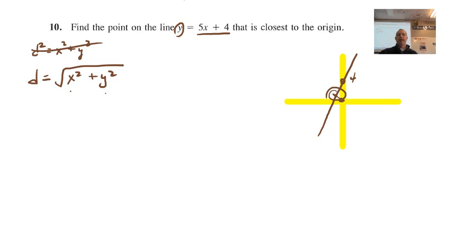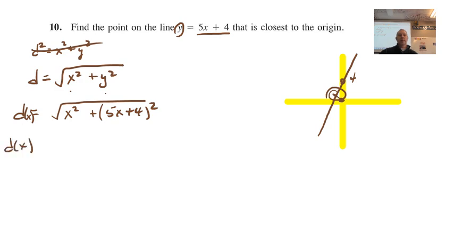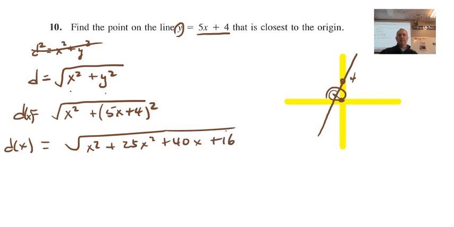So the distance now equals the square root of x squared plus (5x plus 4) squared, and now I have the distance function in terms of x. We'll simplify that a little bit: d of x equals the square root of x squared plus 25x squared plus 40x plus 16.